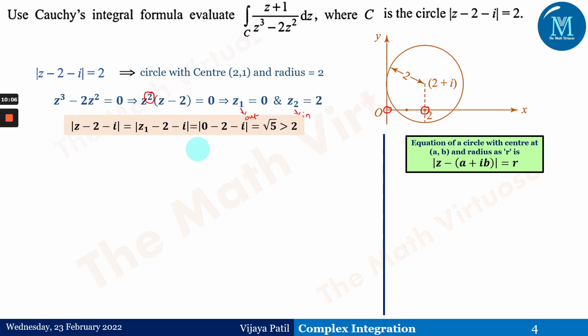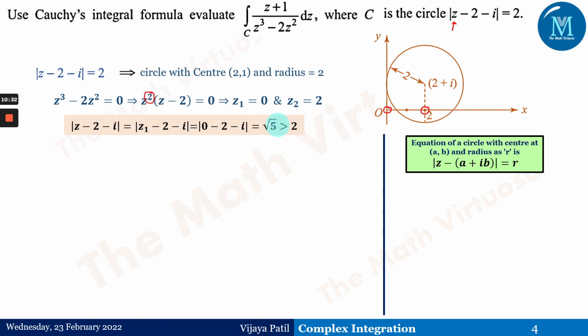Otherwise, we can do it the way we have done previously, that is checking the distance of a point from the center, that is, replace z using the point. So z minus 2 minus i, the equation of the circle, replacing z by z1, which is 0 minus 2 minus i, gives square root of 5, which is greater than 2.